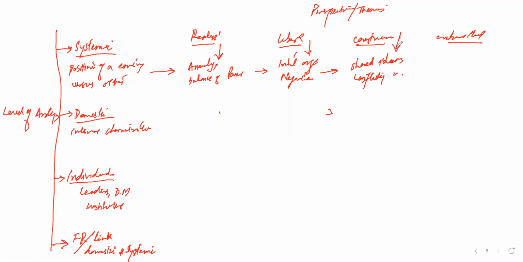It's a flexible approach. At the domestic level, since realists believe that power is important, struggle for power is important, at the domestic level you look at the internal characteristics of a state, whether that state is aggressive or not.